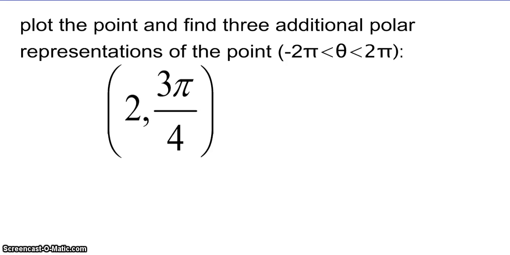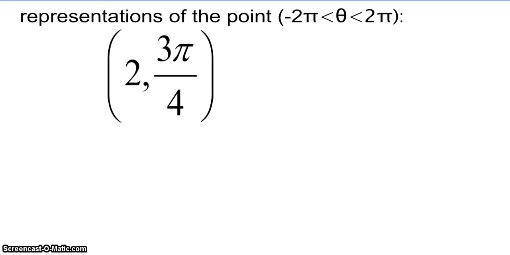So, if we want to plot the point and find 3 additional polar representations of the point between negative 2 pi and 2 pi. So we'll do a few of these together, and then I'll have you do a few on your own. So first let's plot the point. Well, where is 2 comma 3 pi fourths? First, where is 3 pi fourths?